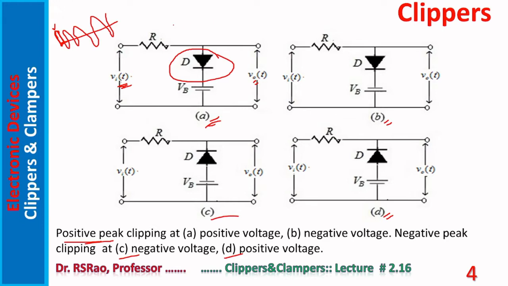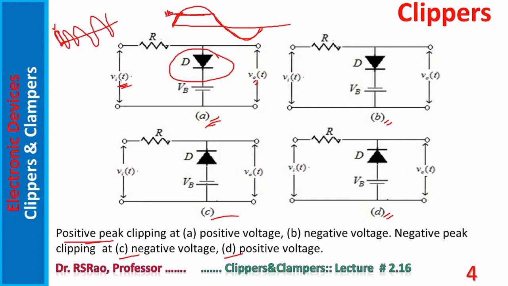So net result is during first cycle of the input voltage up to VB, output voltage is same as input voltage, like this. And when input voltage falls below VB, once again the output voltage becomes input voltage, like this.